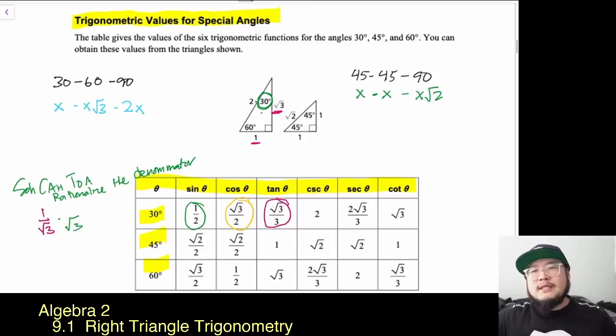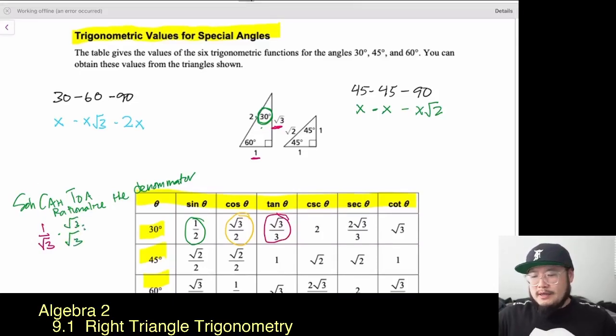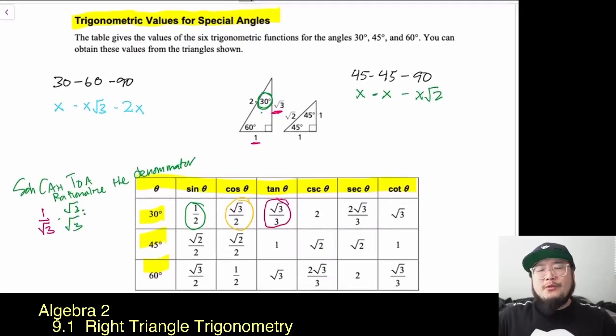Because when you multiply a radical by itself, what ends up happening is that it equals that number. Rad 3 times rad 3 is rad 9. Square root of 9 is 3. So my numerator is square root of 3. My denominator is now 3. And look, we now have the same answer there.